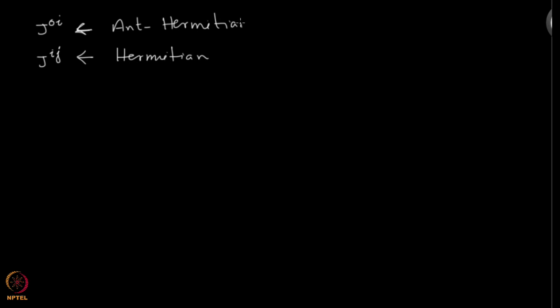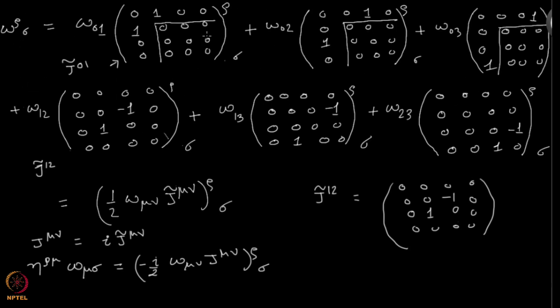My interest was in making something Hermitian. If j 0i is not becoming Hermitian, that is fine, we cannot do anything, but the interest was in making this part Hermitian. You do not have to do that, but it is advantageous because we are going to do quantum mechanics eventually.